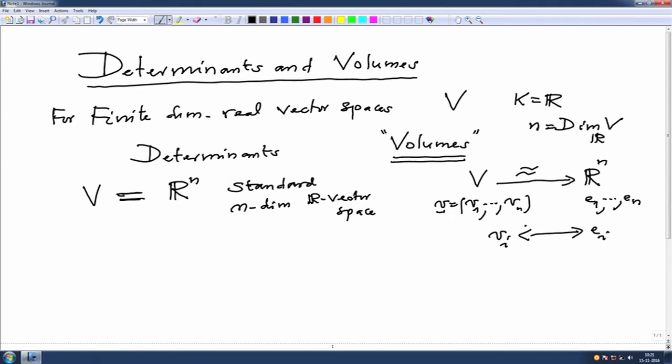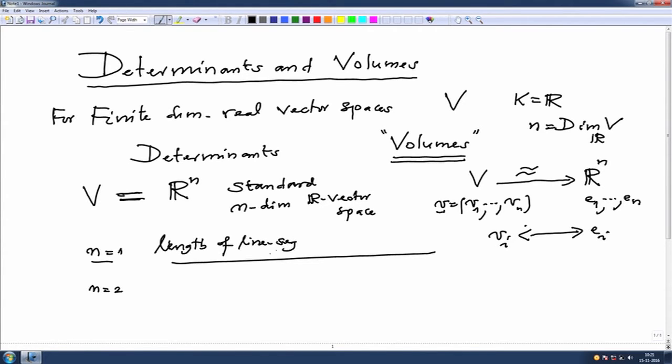So, for n equal to 1, that is the case of the real line, it is the measurement of a line segment, the length of a line segment, and in the case of n equal to 2, it is area, and for n equal to 3 the word volume is used, and we usually study all these computations in the course of calculus.